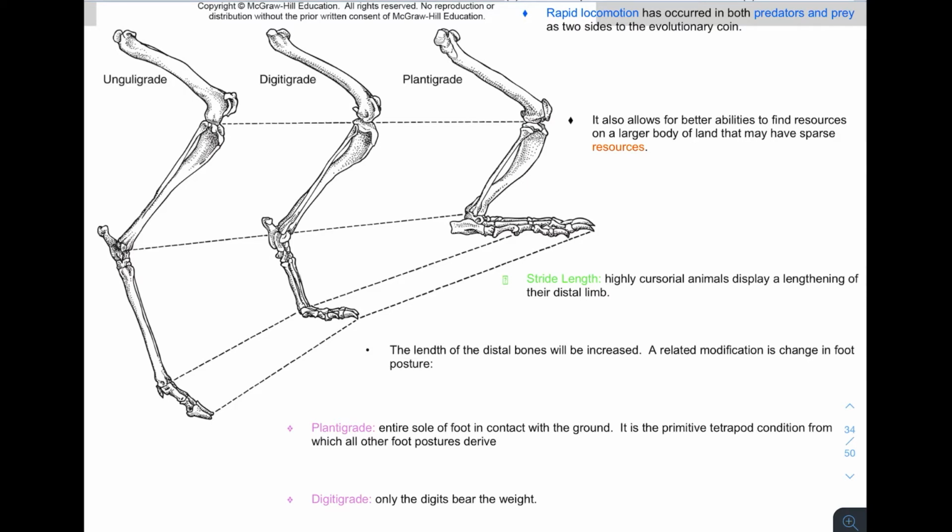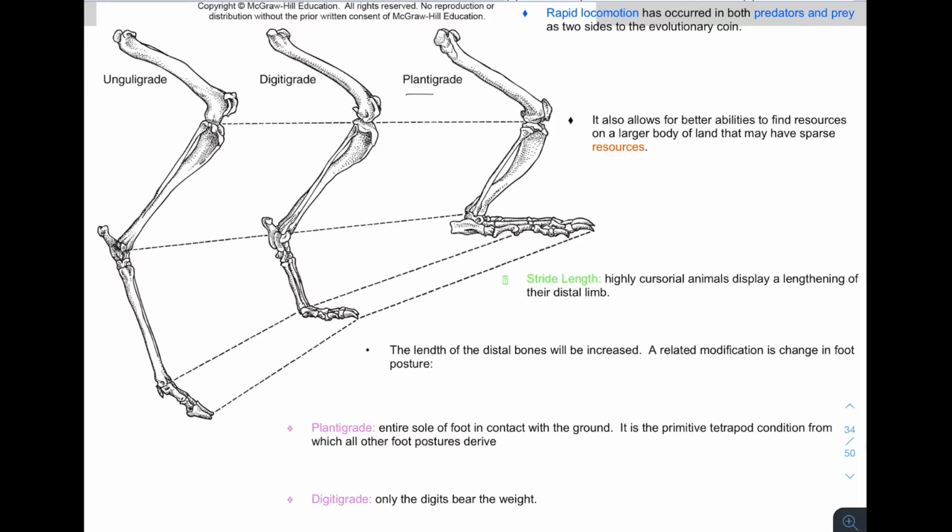We're going to look at the characteristics and examples of how these limbs change morphologically depending on the different animal that we're looking at. So there are these three classes of ways to make contact with the ground or the substrate.